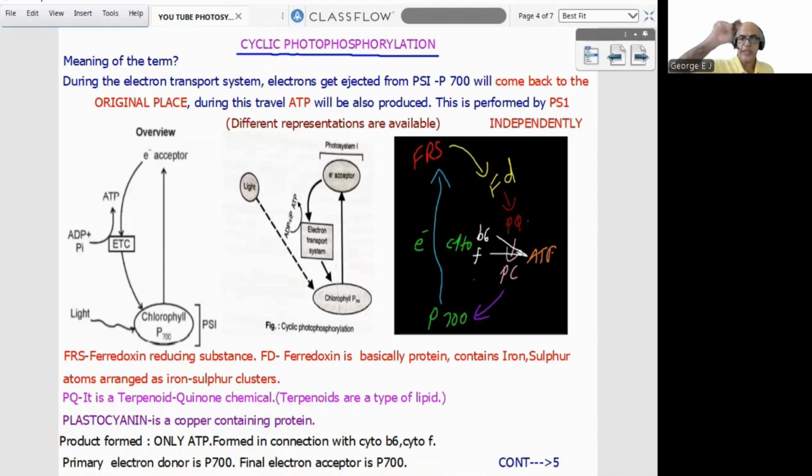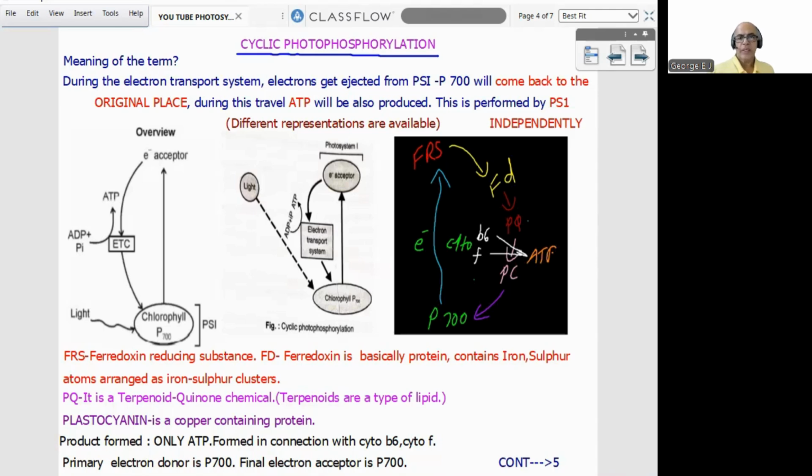That is why it is a cyclic pathway. Energy is produced between cytochrome b6f, with sufficient electron volt difference, and ATP will be produced.